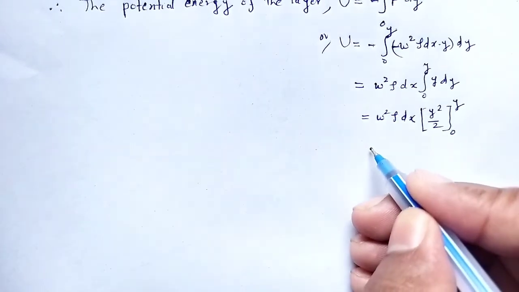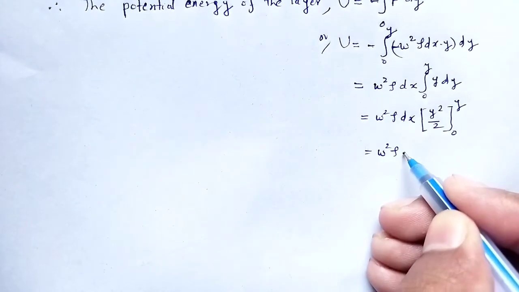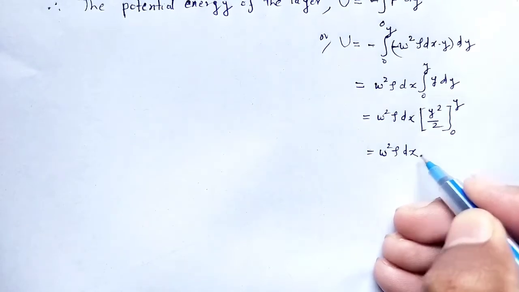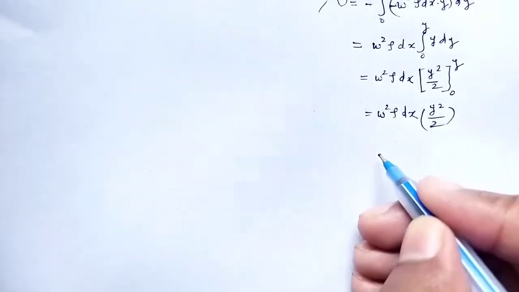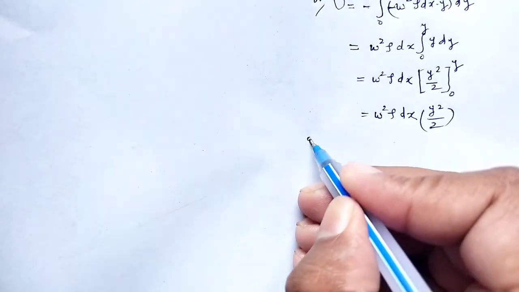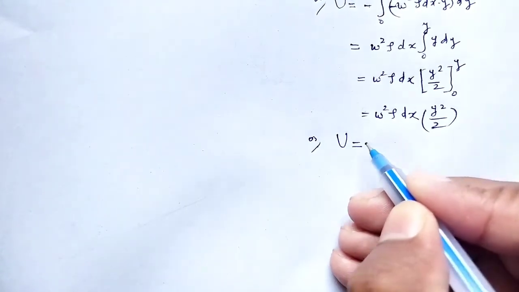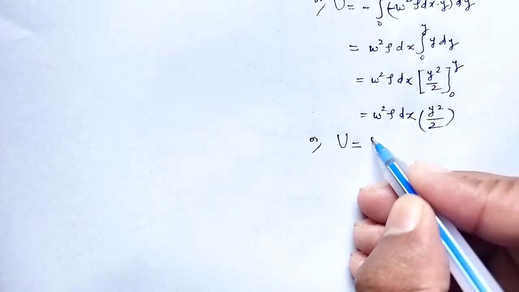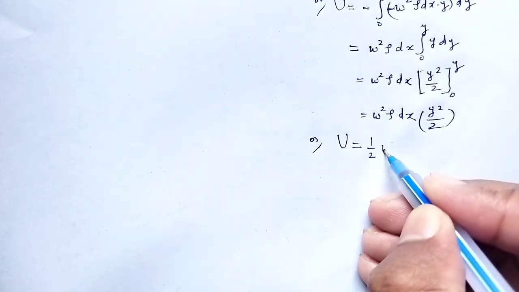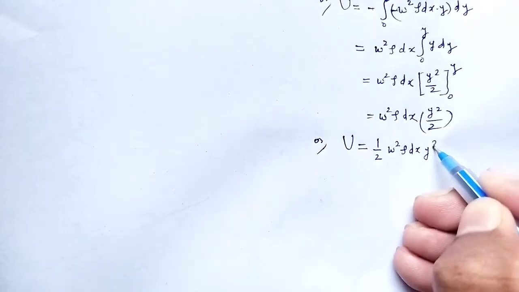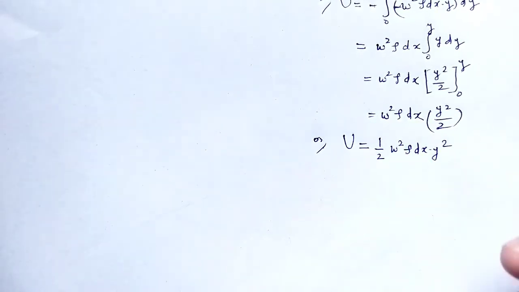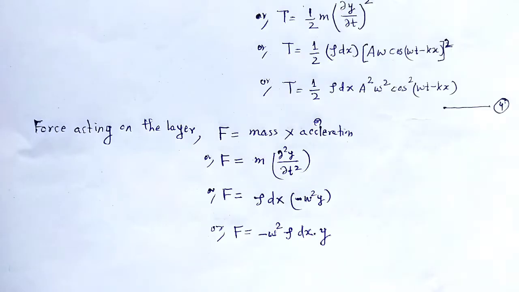Using the upper limit and lower limit, we have omega square rho dx y square by 2. So, the potential energy U is equal to half omega square rho dx y square. That is equation number 5.